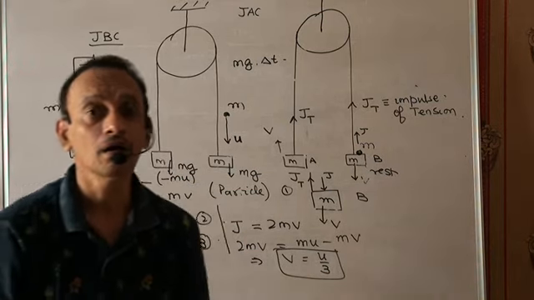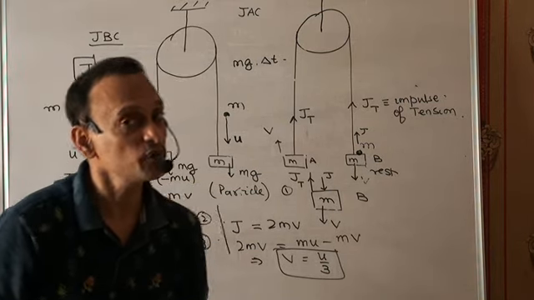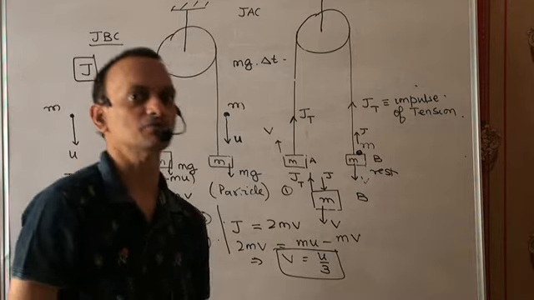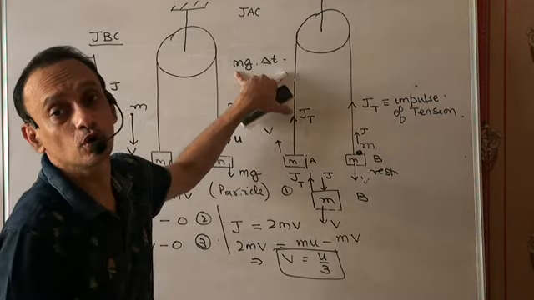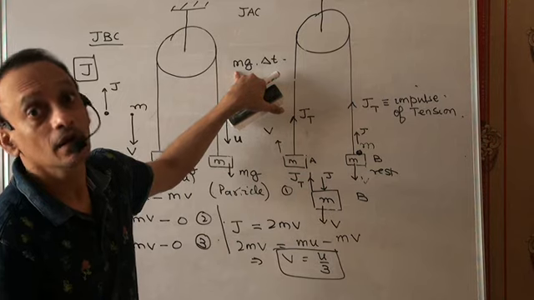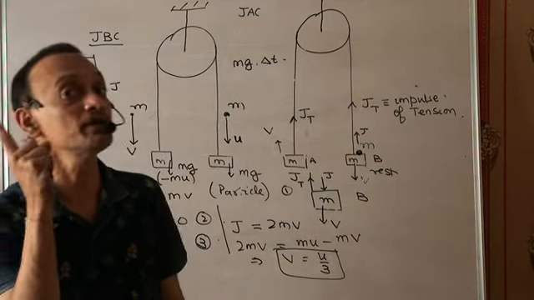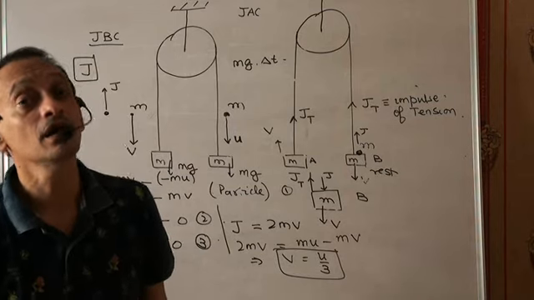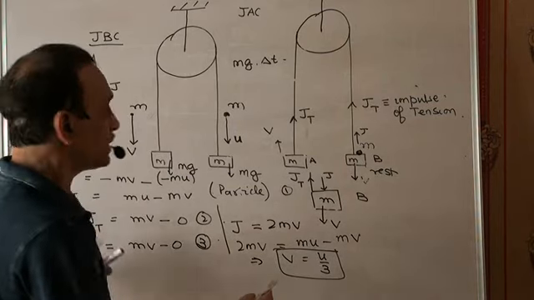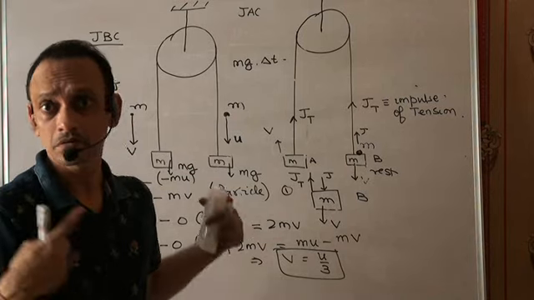What went wrong, or what was my assumption? Why have I ignored the impulse of gravity here? This mg into delta t was the additional change in linear momentum that should have been ideally accounted for in my linear equations that I have written, but nothing so far.